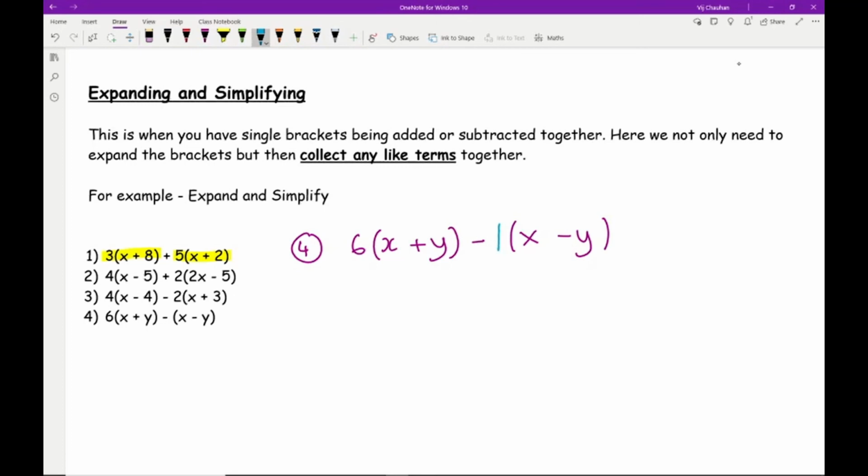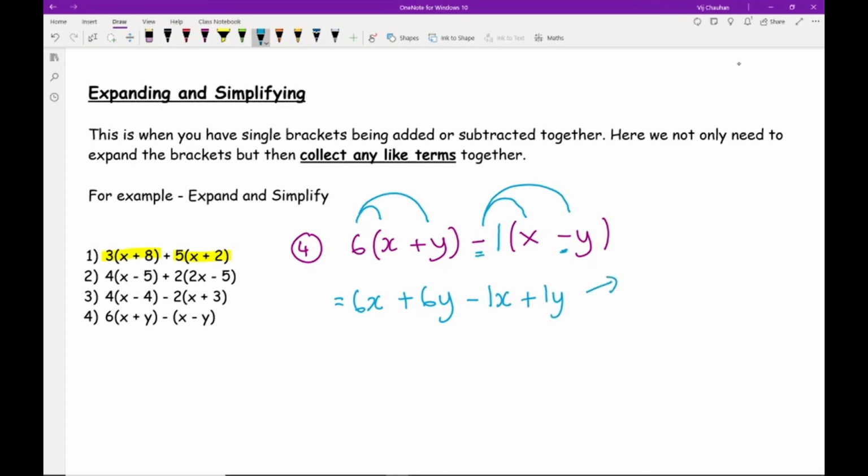And so from this, we've got 6 times x, which is 6x, 6 times positive y, which is positive 6y. I've got minus 1 times x, which is minus 1x. And then minus 1 times minus y is plus 1y, and 2 minuses make a positive.